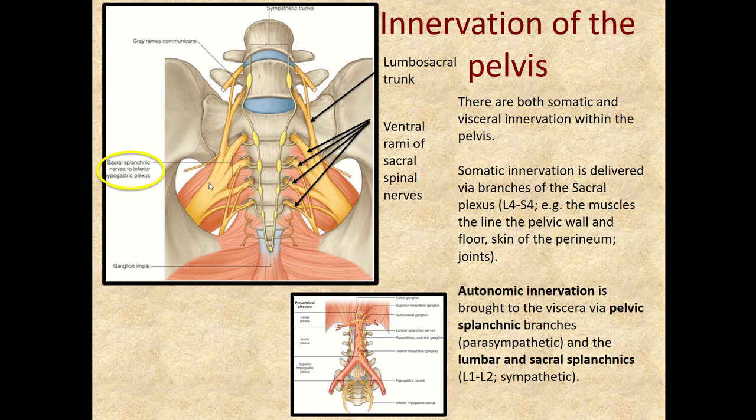If you're bringing motor action to muscles, like for example the levator ani or the obturator internus muscle, you're going to have branches that come off of the sacral plexus. You see the lumbosacral trunk comes down and joins the plexus to make some nerves, like for example the sciatic nerve.